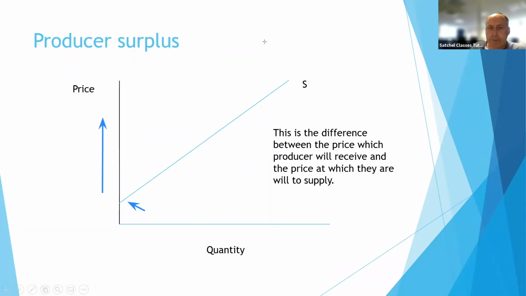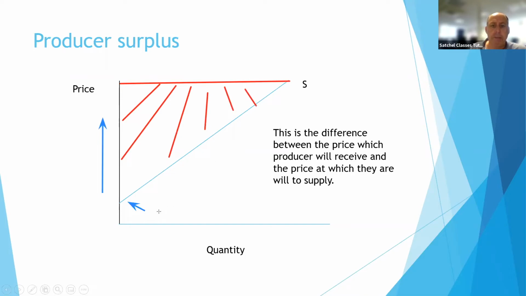Now, what we then have is a situation where, if I draw this line across here, all this area in here is what we call the producer surplus.